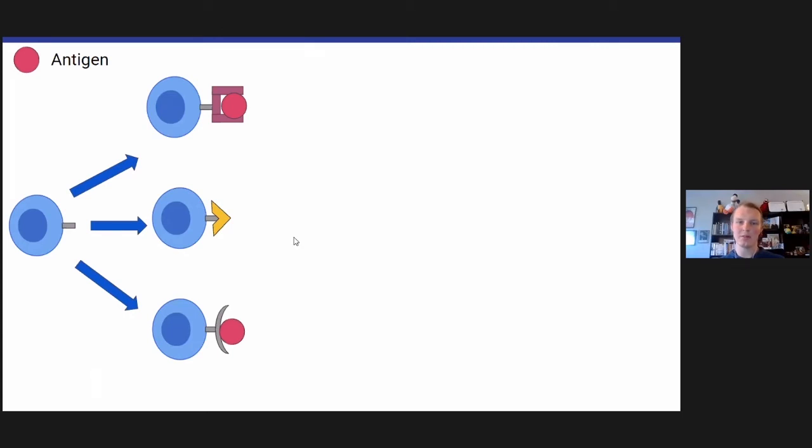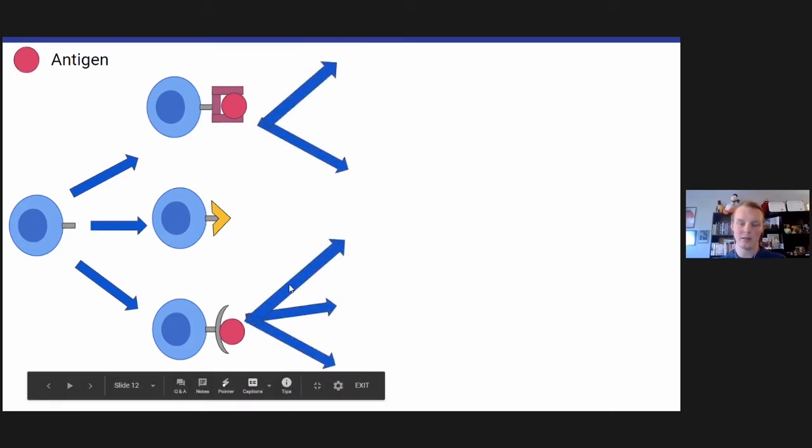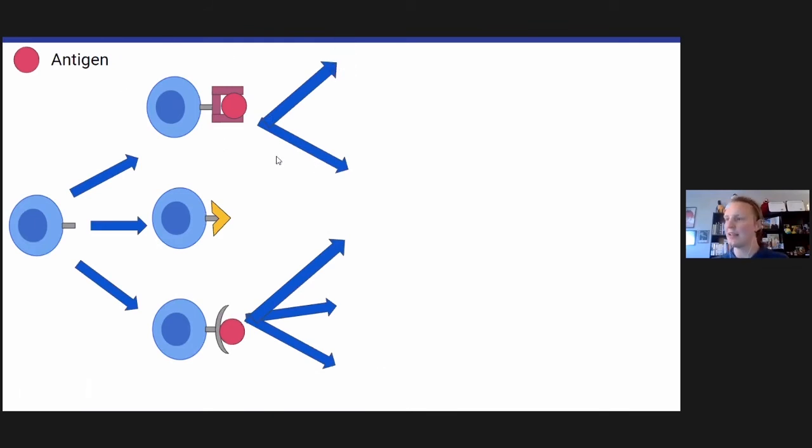So the top and the bottom one will be deemed more fit, and more fit in this case means how good you can fit this receptor. So the middle one's not allowed to have any offspring, and the top one and the bottom one are. But the important thing is how good it fits also determines how many offspring it gets to have.